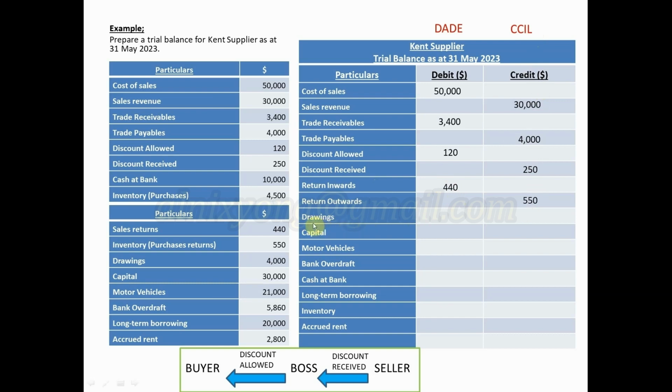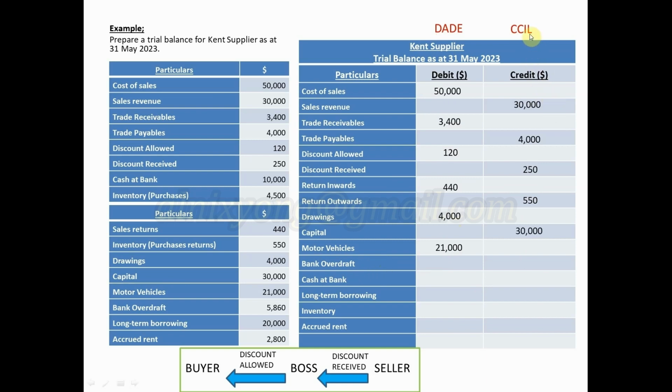Alright. Drawing must be under the debit side, debit column. Capital is considered under your credit column. Right. Motor vehicle is an asset under the debit column. Bank overdraft means you exceed the limit.